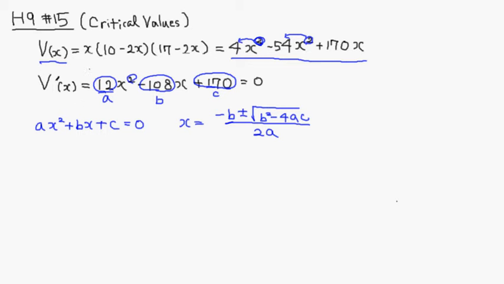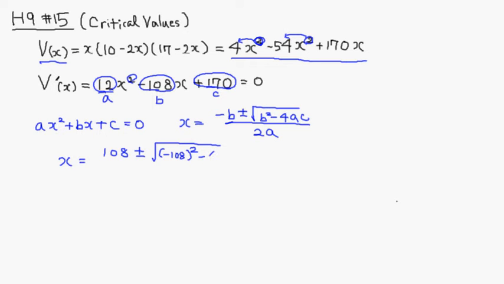Using the quadratic formula, x is equal to negative b, which is positive 108, plus or minus the square root of b squared, which is negative 108 squared. The negative doesn't really matter because it gets squared anyway.